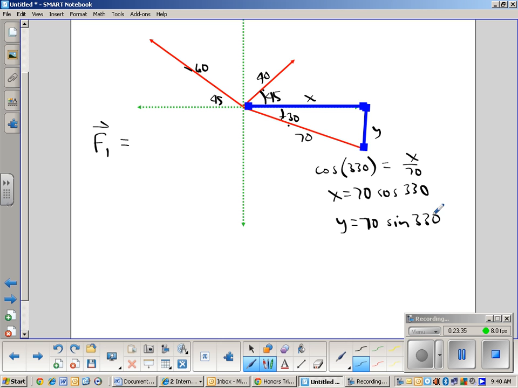And I guess if I clean this up a little bit, this reduces to 70 times cosine of 30, which is square root of 3 over 2. So that's 35 square root of 3. Do you agree? And sine of 30 is what?